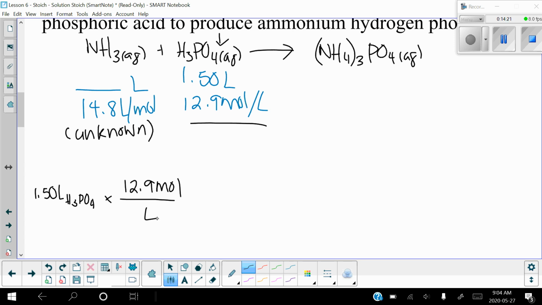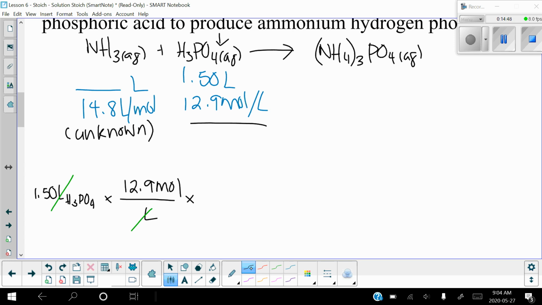The most common mistake that students make is they switch the numerator and the denominator when using concentration. So please be careful. The 12.9 is staying with the moles. Okay, what's canceling out? Liters and liters. And this is why I recommend that you are canceling out as you go.